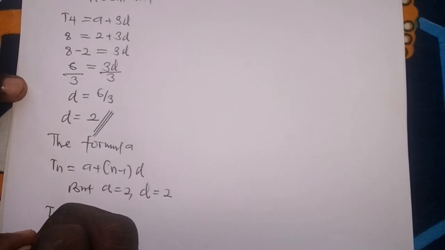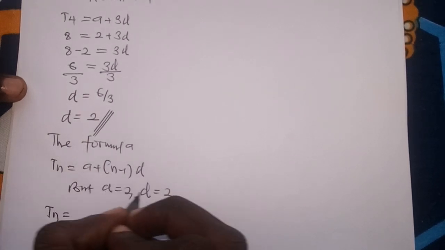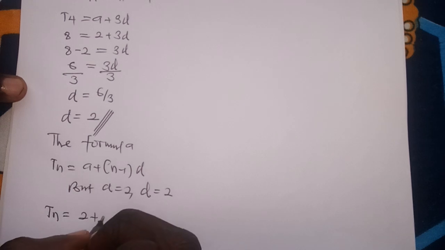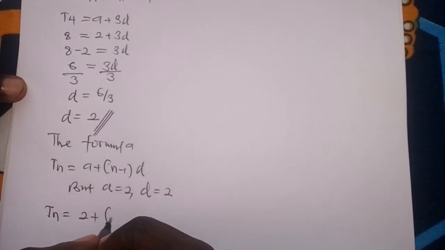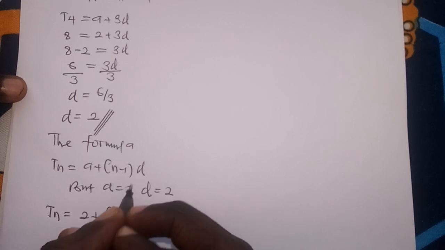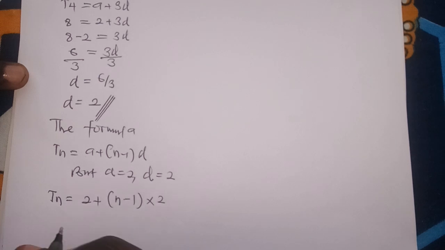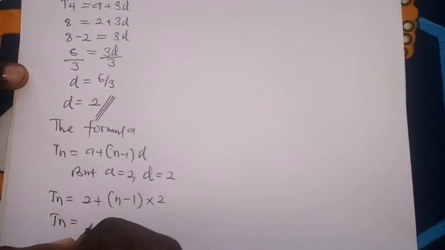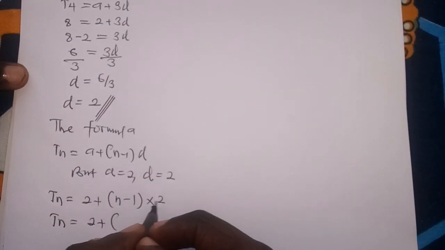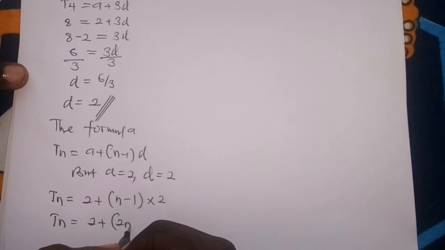Then the nth term that we are asked to find becomes: a is given as 2, plus n minus 1, and d is given as 2, multiplying it by 2. Then the nth term becomes 2 plus 2 times n giving you 2n, minus 2 times 1 giving you 2.